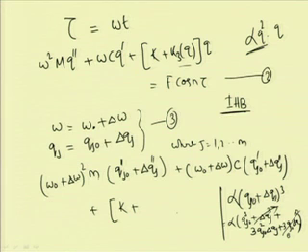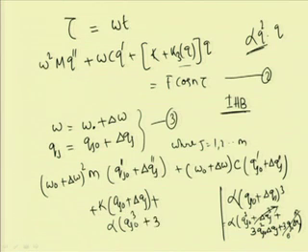By expanding, I can write k into q j 0 plus delta q j, for example in the case of the Duffing equation, plus similarly for this cubic nonlinear term, alpha into q j 0 cubed plus 3 into q j 0 squared delta q j. So this will be equal to f cos n tau.